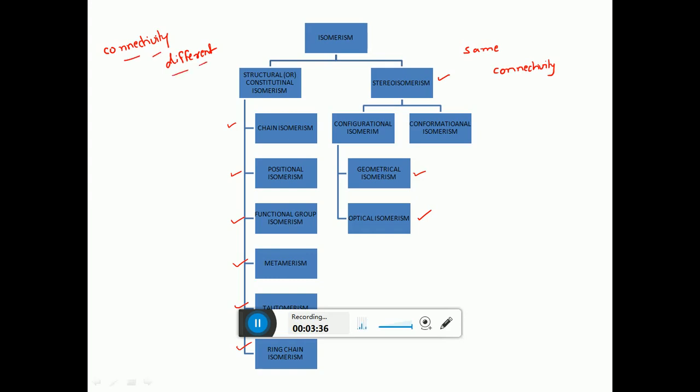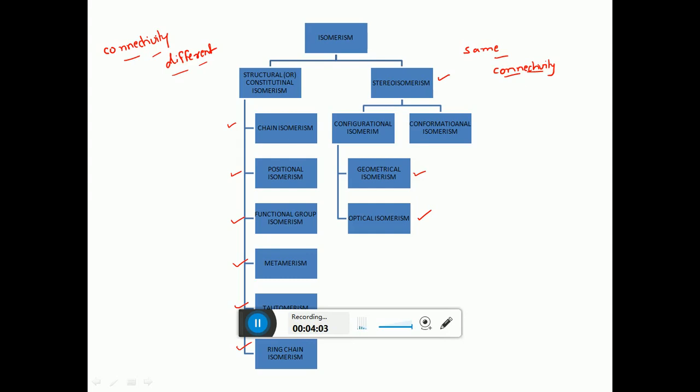The connectivity between the carbon atoms inside the molecule will be different, whereas stereoisomers have the same connectivity. Connectivity is the same, but what is the difference in stereoisomers? Stereoisomers differ in their arrangement of atoms in space. So we are going to study these two in detail in this lecture.